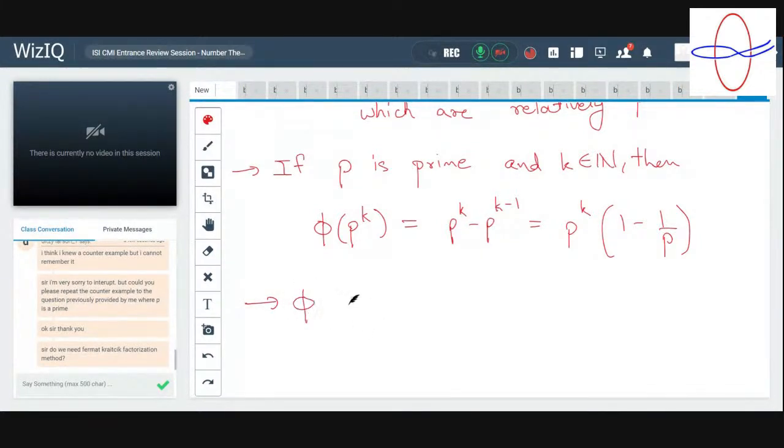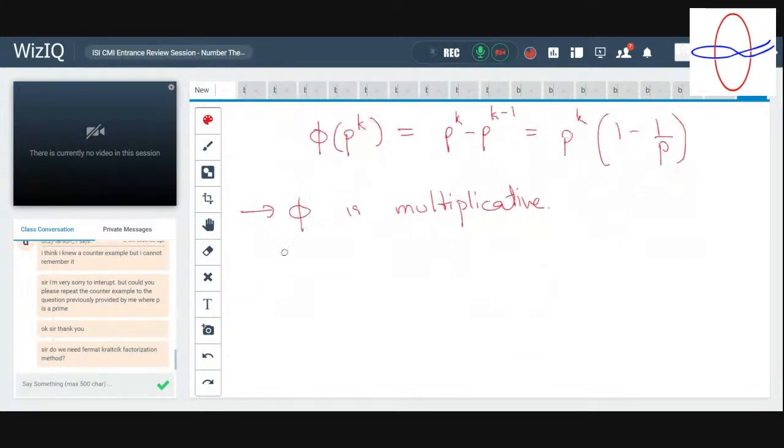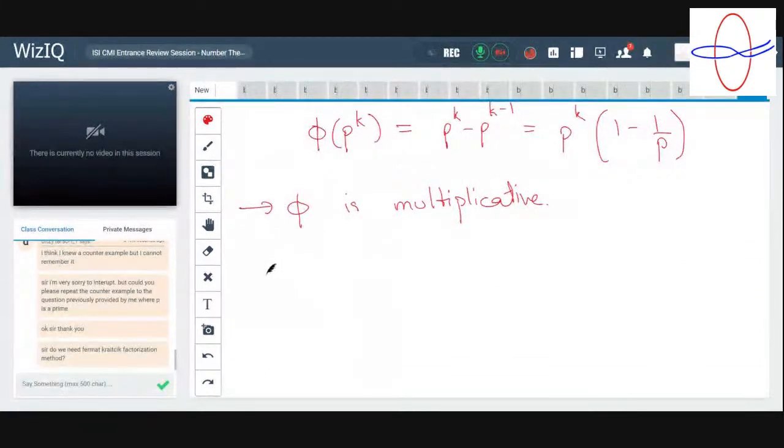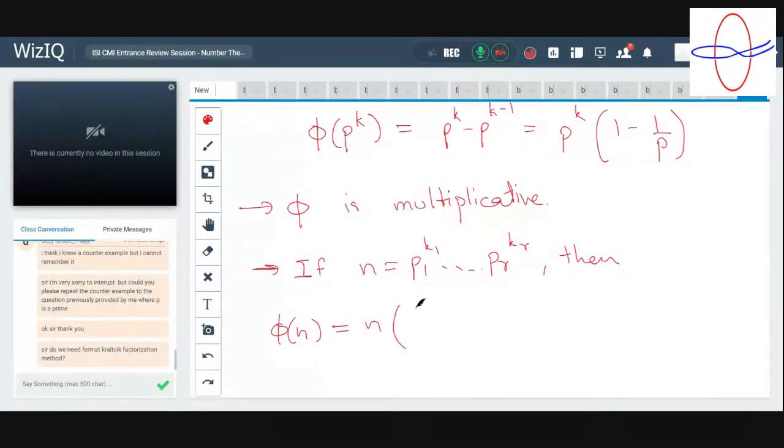Okay, you also know that phi is multiplicative, and then you can immediately give a general formula. If n is p1 to the k1 and so on till pr to the kr, then phi of n is equal to n times (1 minus 1 over p1) times (1 minus 1 over p2), and so on.